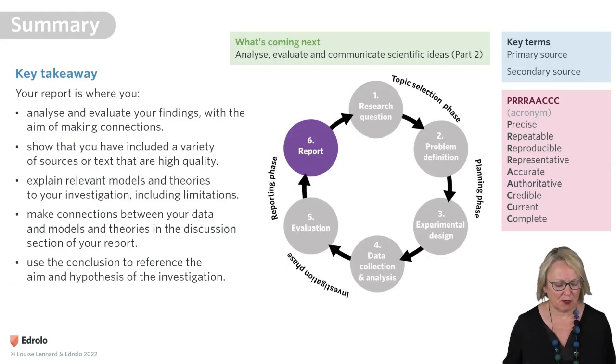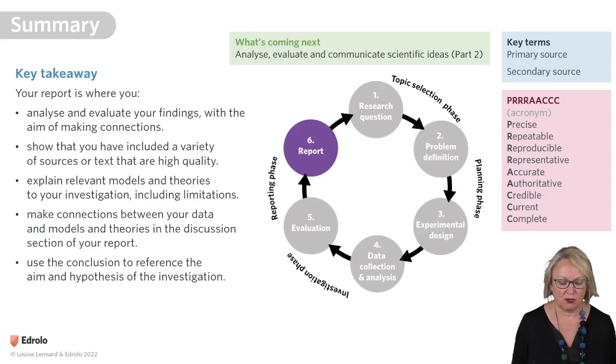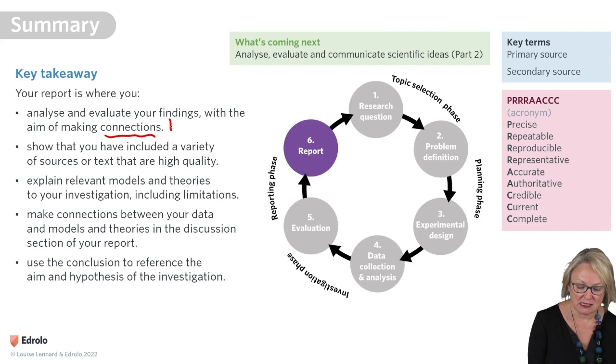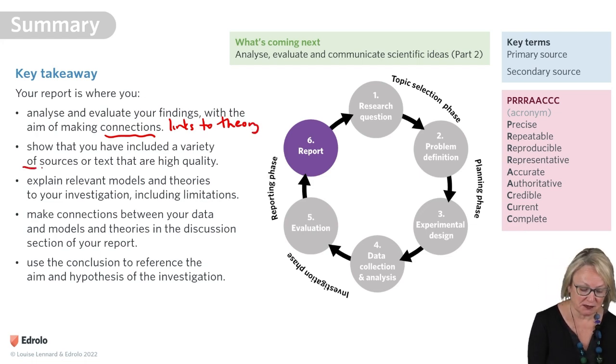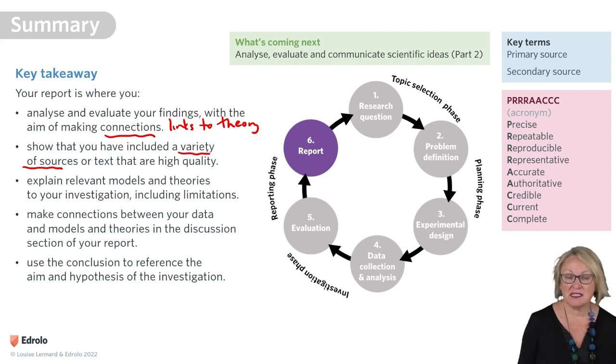Okay, so in summary, your report is where you analyse and evaluate your findings with the aim of making connections, links to published theory. Show that you've included a variety of sources of texts that are high quality, in other words, reliable.